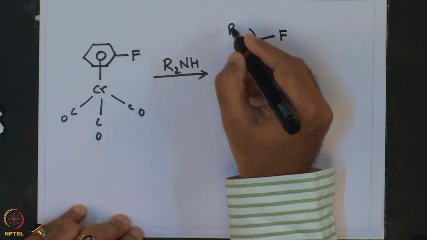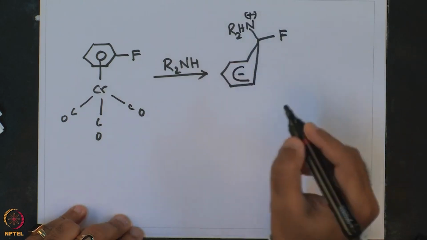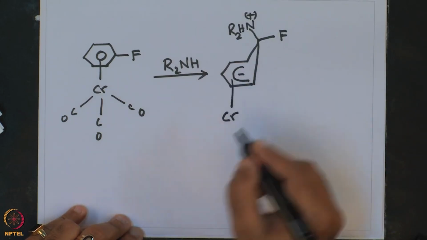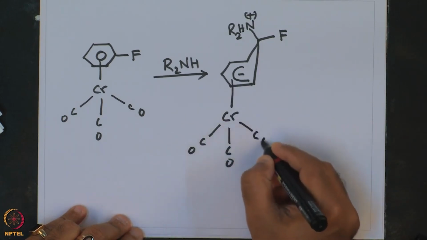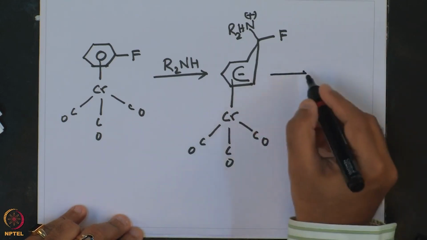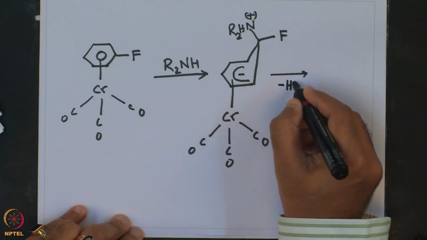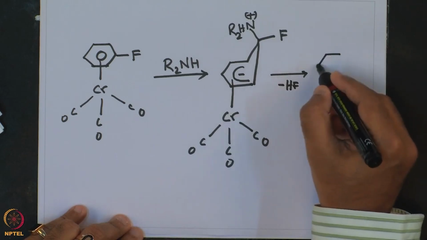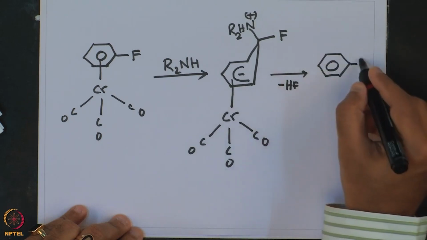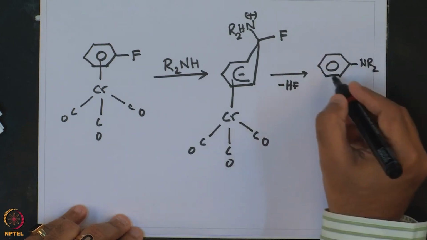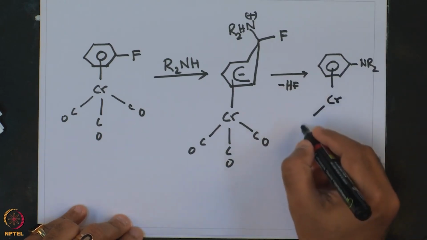R2NH plus this anion, chromium, which loses HF to give this dialkyl aniline, dialkylamine bound chromium tricarbonyl.